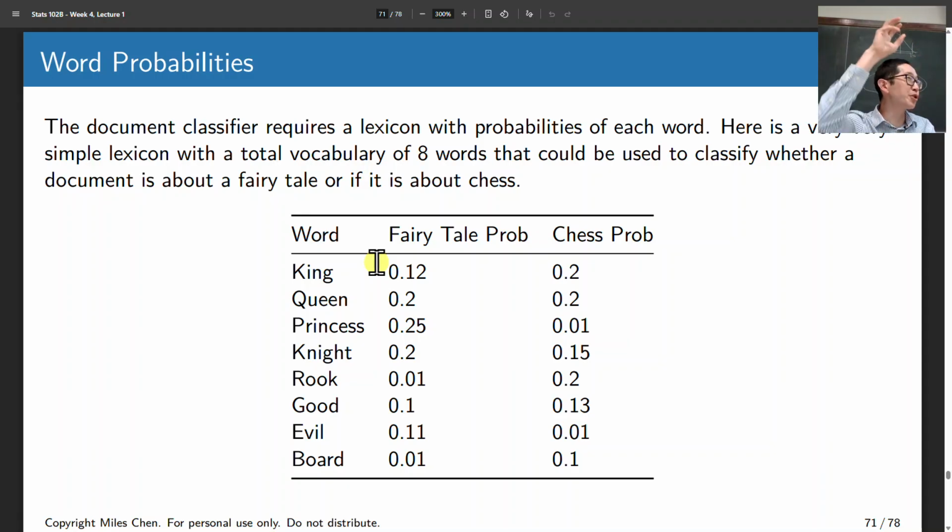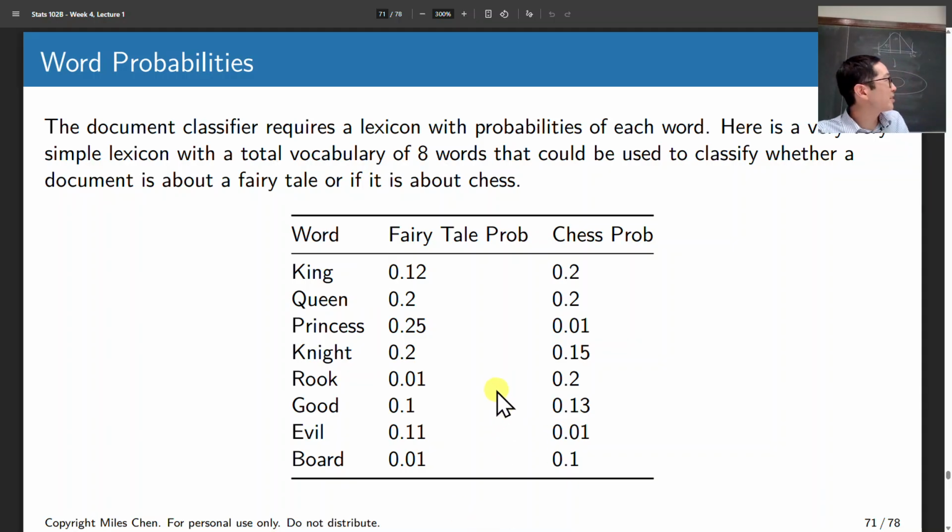And so probably your sports lexicon will have higher probabilities for ball and game and team and score, whereas the politics lexicon will have higher probabilities for senator and Congress and government and stuff like that. And international will have higher probabilities for country and prime minister and stuff like that, okay?